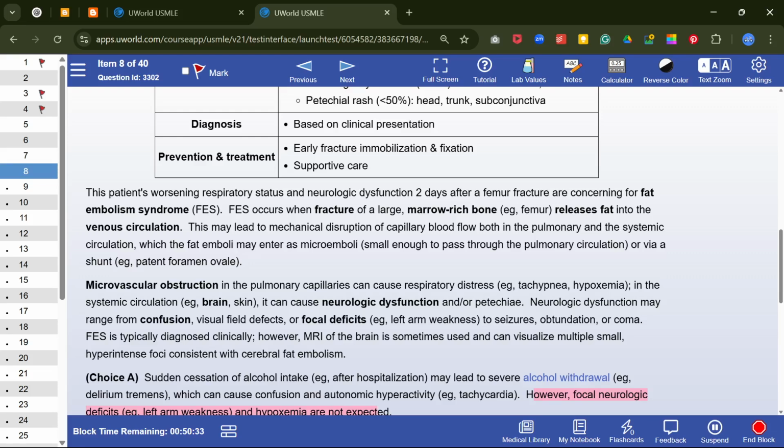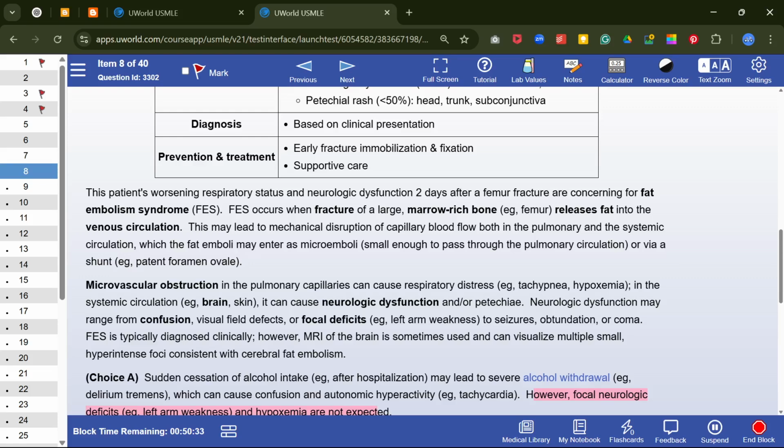Microvascular obstruction in the pulmonary capillaries can cause respiratory distress, tachypnea, and hypoxemia. In the systemic circulation, it can cause neurologic dysfunction and or petechiae.